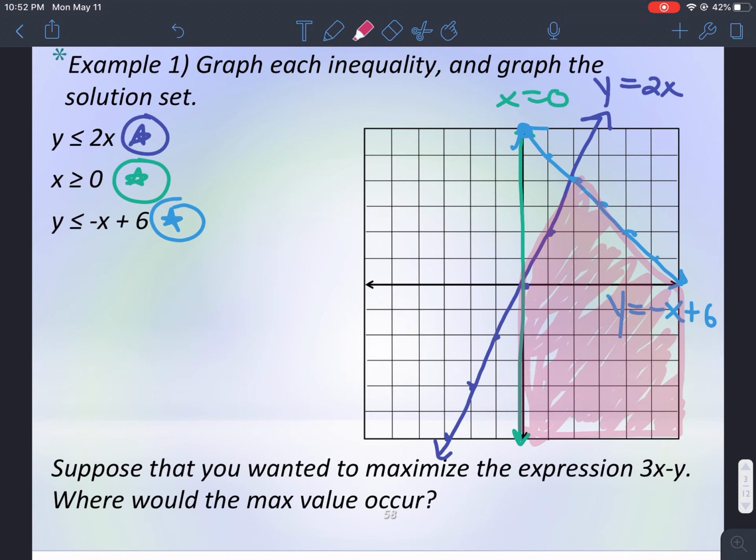Now, suppose that you wanted to maximize some random expression, 3x minus y. Where would the maximum value occur such that it is in this region?